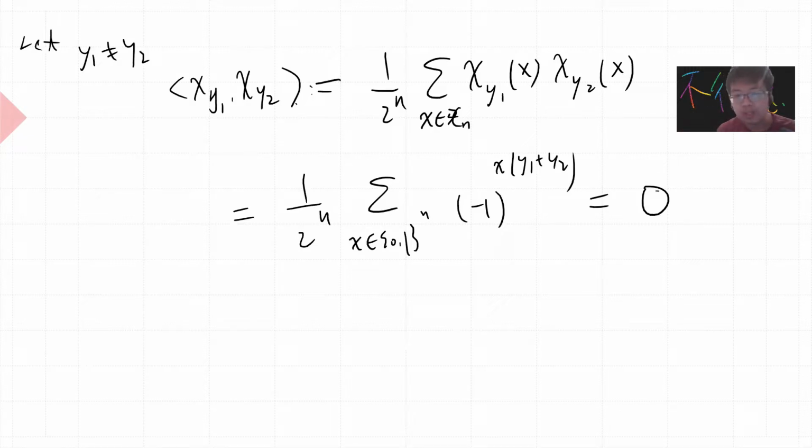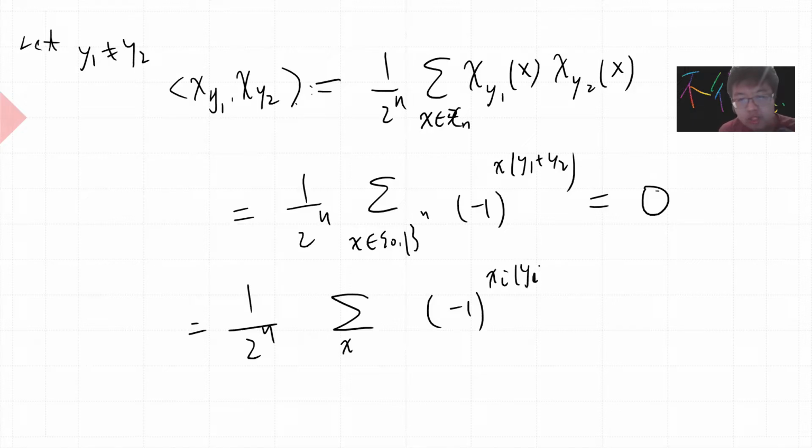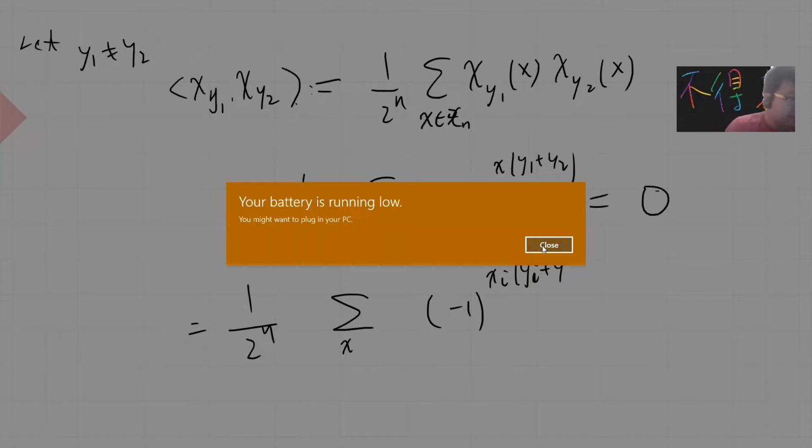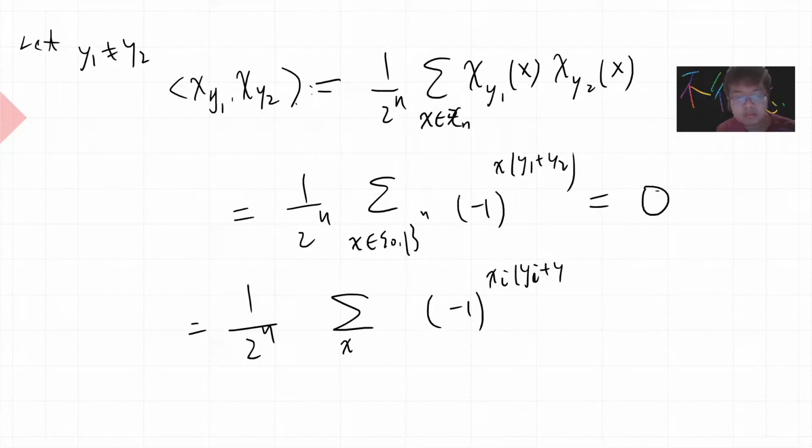Basically, you just expand it, so let me write down a proof. You can write it as minus 1 to the sum of xi yi plus y. Sorry about this, I guess there's some problem with my computer.